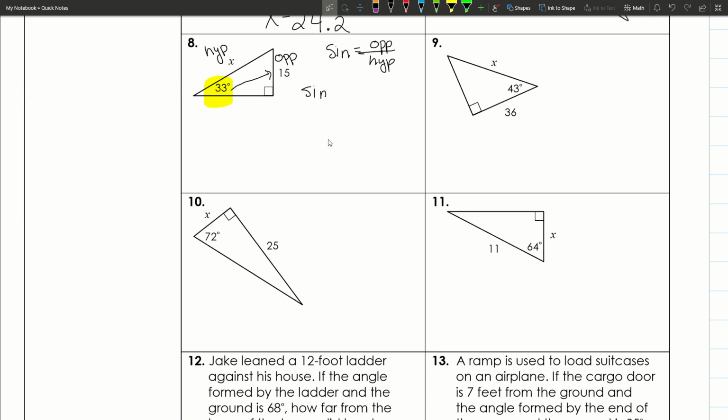So we would say that the sine of 33 equals 15 over x. If you notice that x is on the bottom, I should have given you a note on the side of your paper. What we're going to do is take our sine of 33 and our x and trade places. So we will have x equals 15 over the sine of 33.